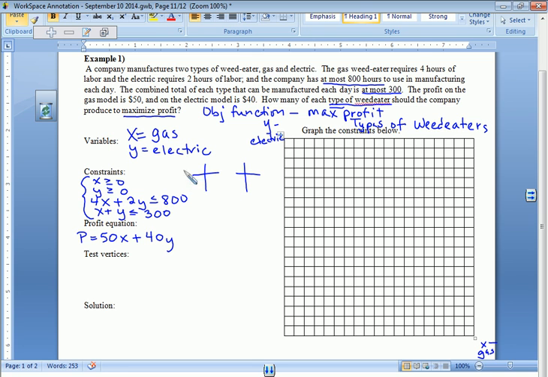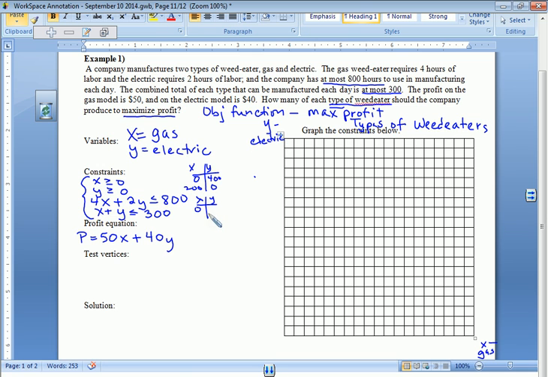Okay? So if I plug in 0 for x into this first equation, I'm left with 2y equals 800. So what would y be? 400. And if I plug in 0 for y, I get 4x equals 800. So what would x be? 200. And then I do the same thing for the second equation.